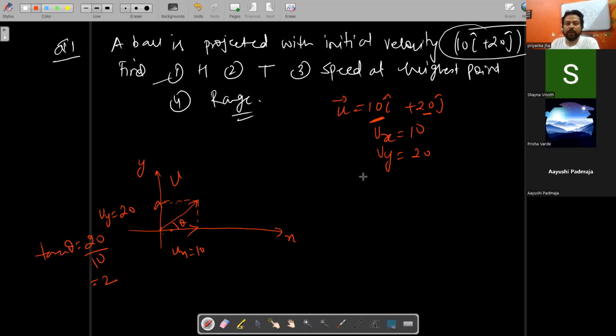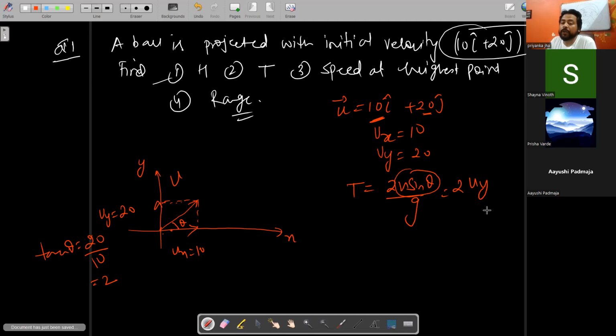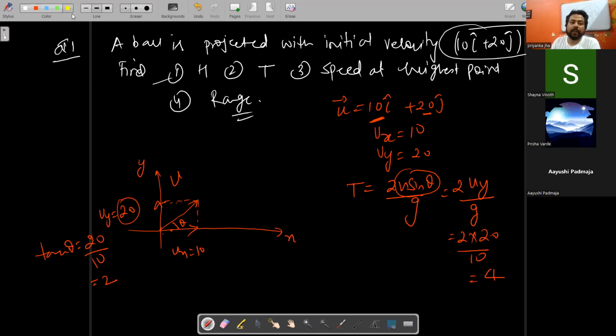Now see, what is time of flight? 2u sine theta upon g. What is u sine theta? This is the y component of initial velocity, so it is 2uy upon g. What is uy? 20. So time of flight is 4. And what is H max?